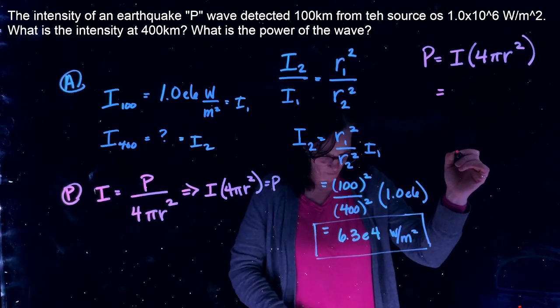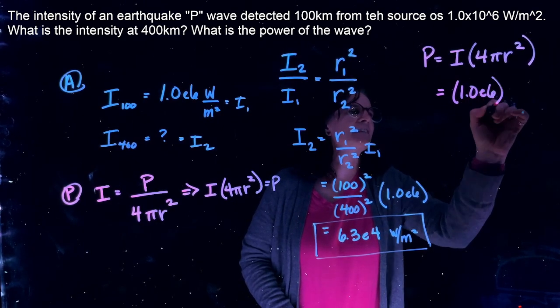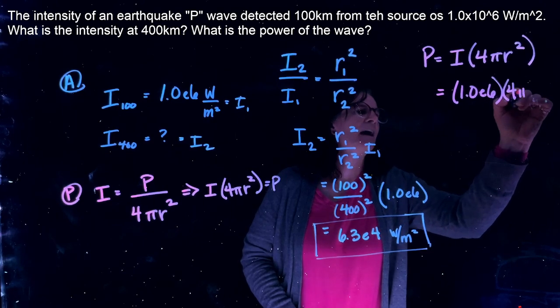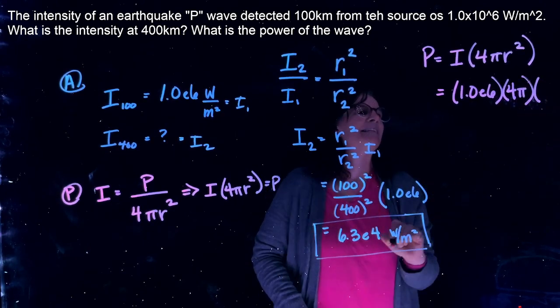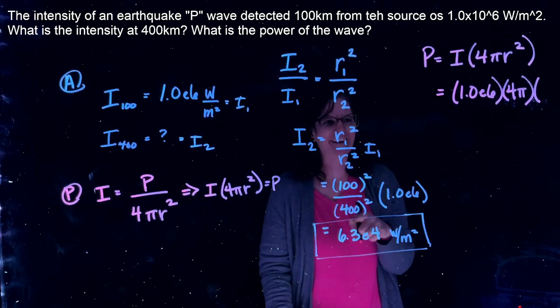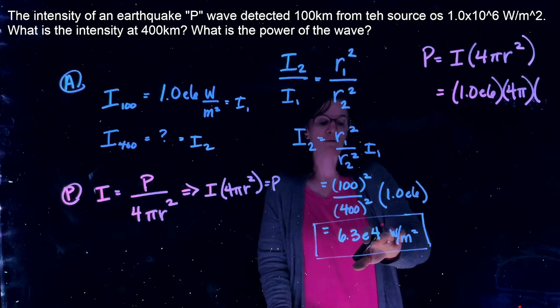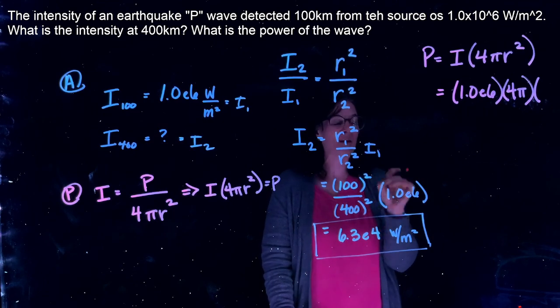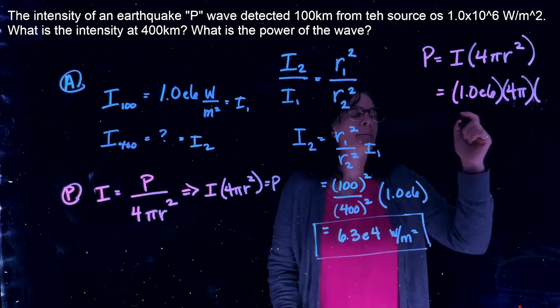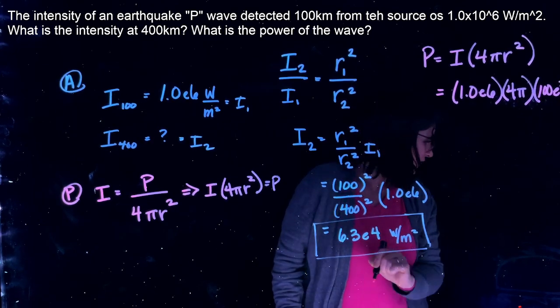I have 1.0 times 10 to the 6th, 4 pi. Now, in this case, we do want to make sure our radii are consistent with our units. If I am using units of watts per meter squared, I need to have my radii in meters. So I have 100 times 10 to the 3rd meters.